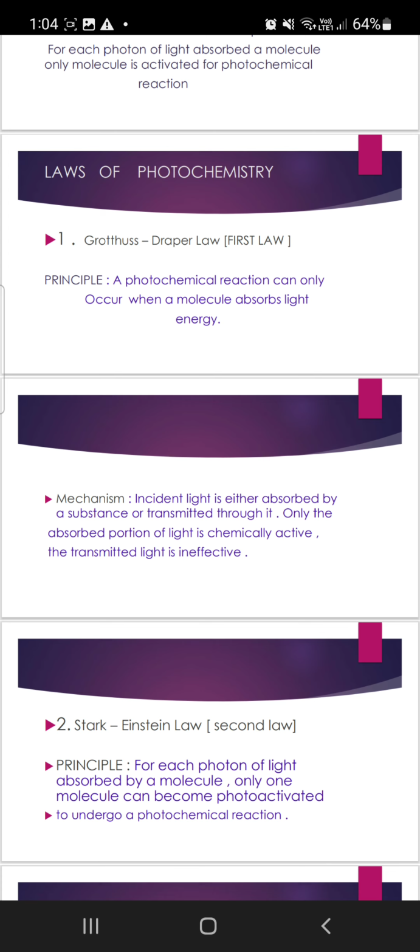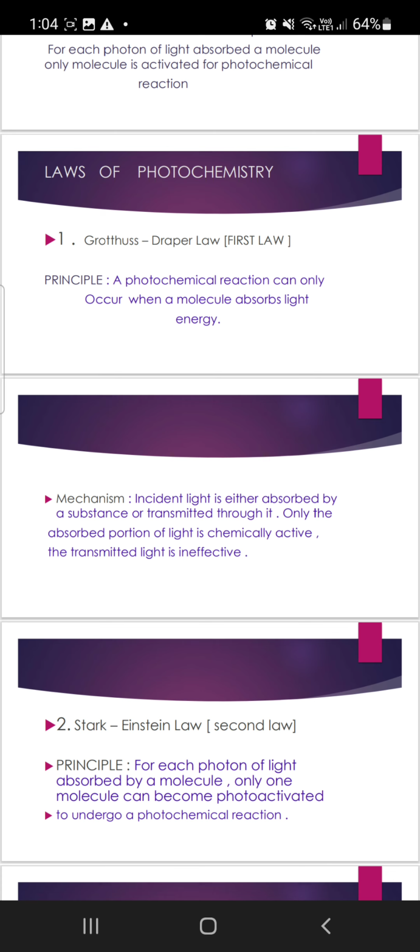That is, the molecules that absorb a portion of light are the only ones chemically active, resulting in the photochemical reaction; others are inactive.